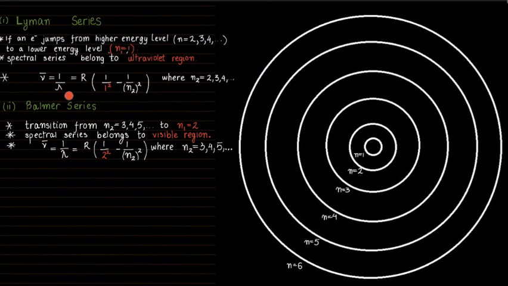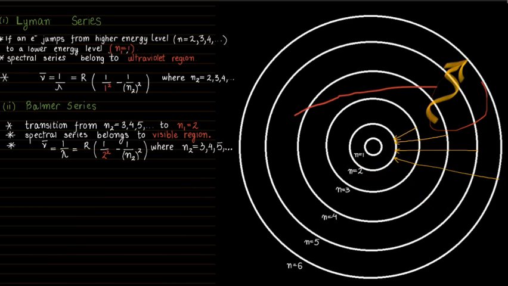So such kind of series are known as your Balmer series. Fine. In such kind of transition, the transition is from higher energy level to your n equals 2 energy level. And in this case, the energy emitted falls in the visible region.